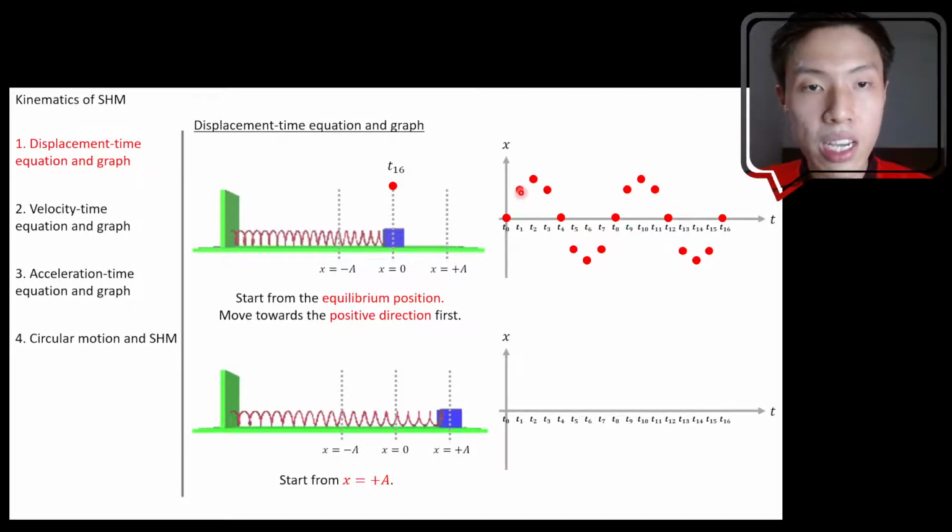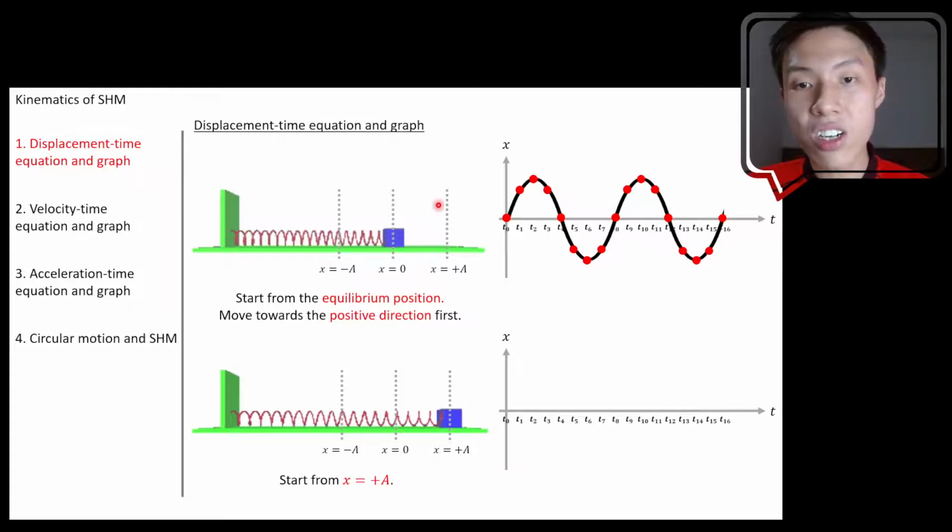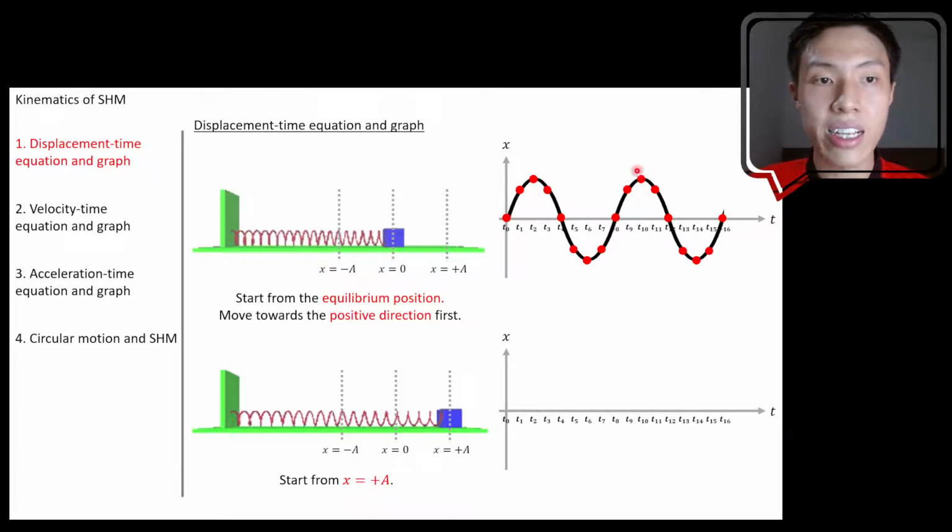By plotting the position of the object at each different moment, we can see that these dots are tracing a sine curve actually. So to describe this simple harmonic motion, we can describe it using a sine curve.